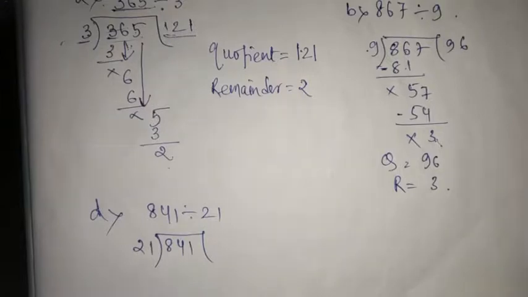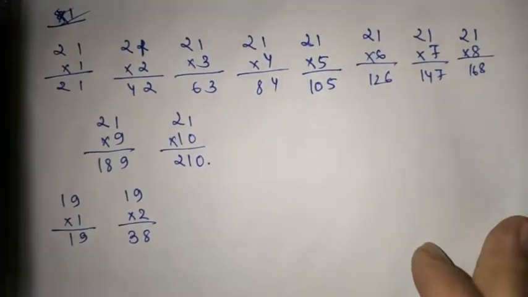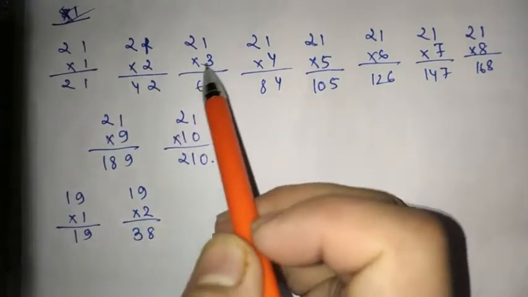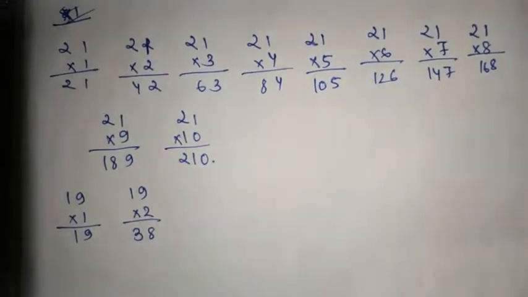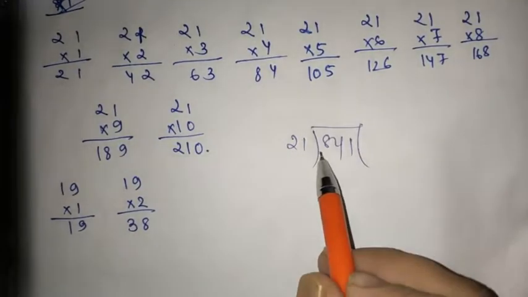So let us have a look at the multiplication table of 21 first. Here we have 21 into 1, 21 into 2, 21 into 3. Your question was to divide 841 by 21.